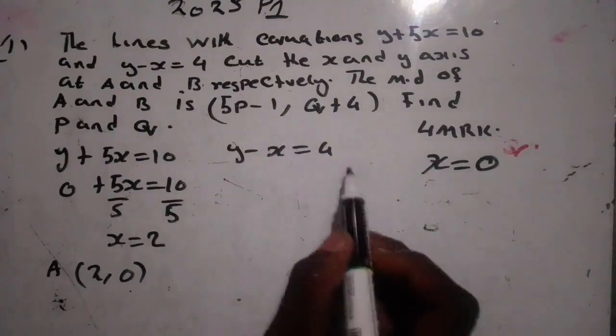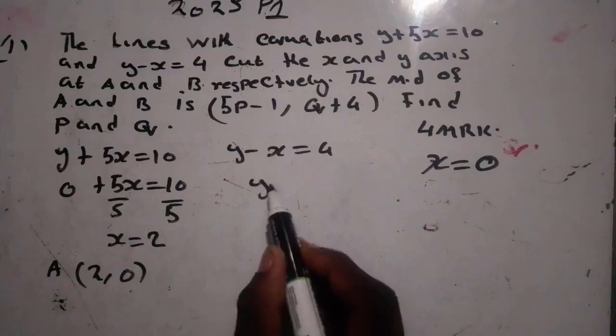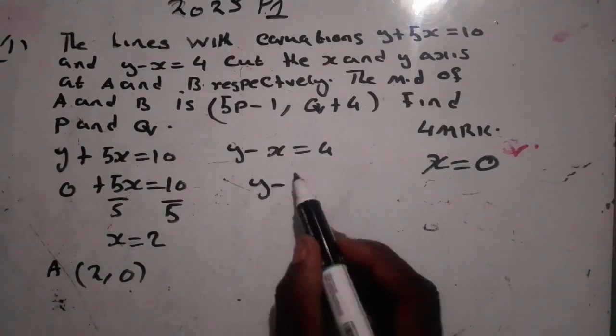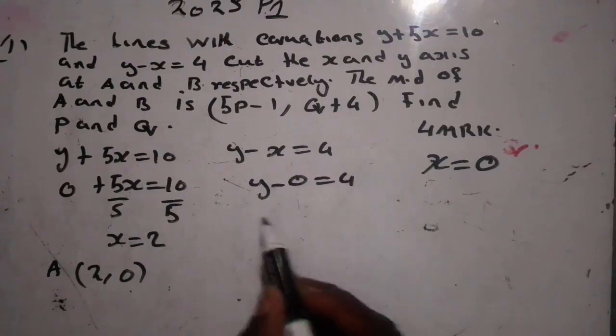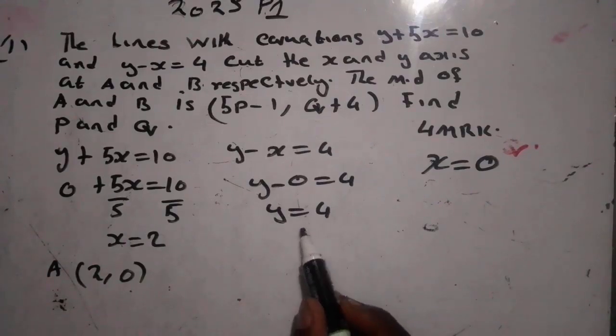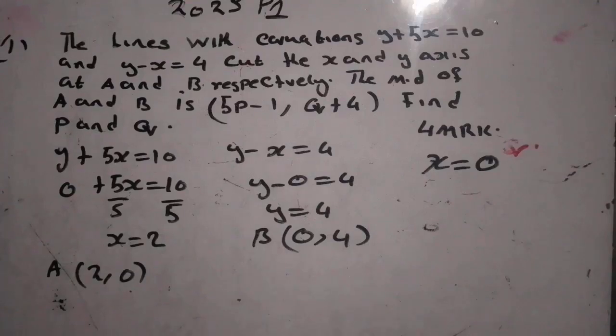So where there is x in this equation, I'm going to replace it with 0. I have y minus 0 is equal to 4, hence y is equal to 4. So we have (0, 4), since it's x, y. These are the coordinates of B.